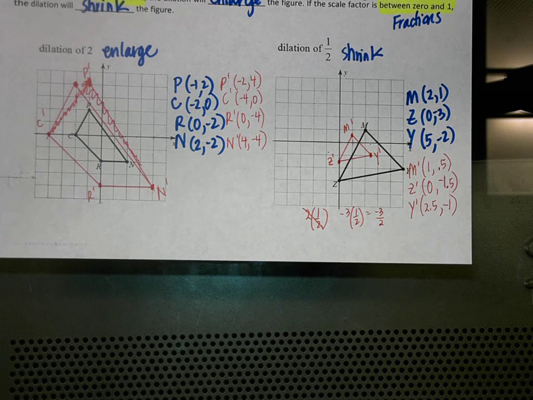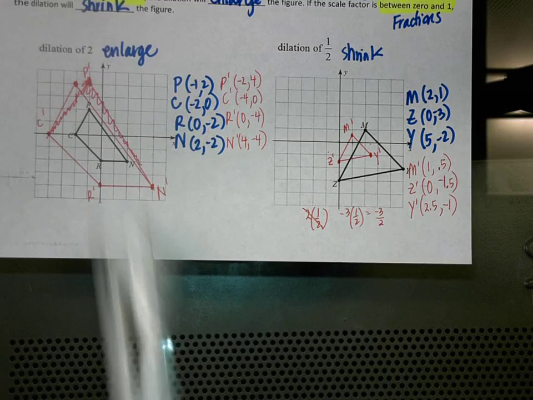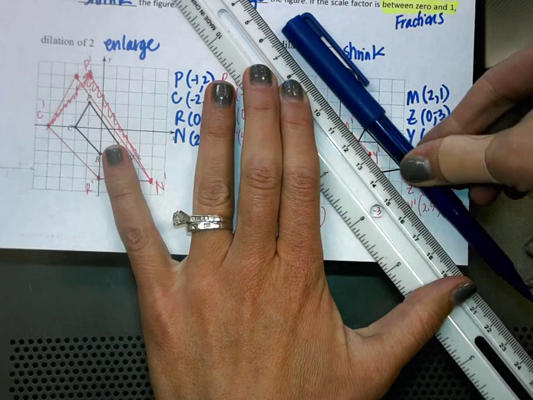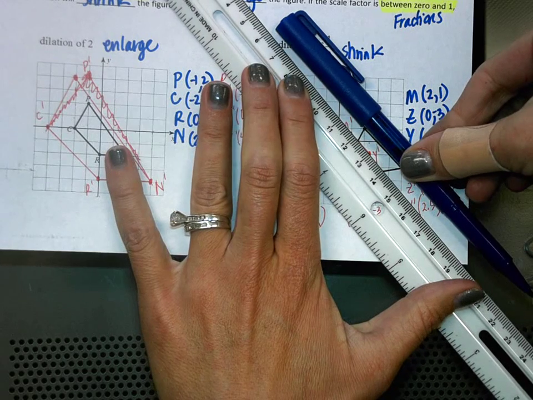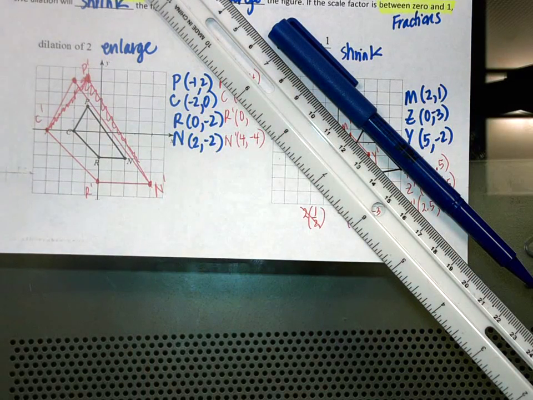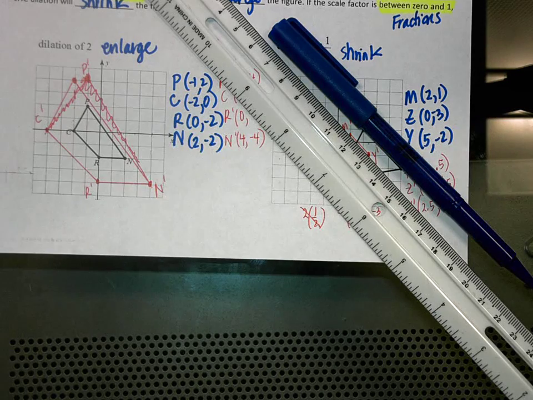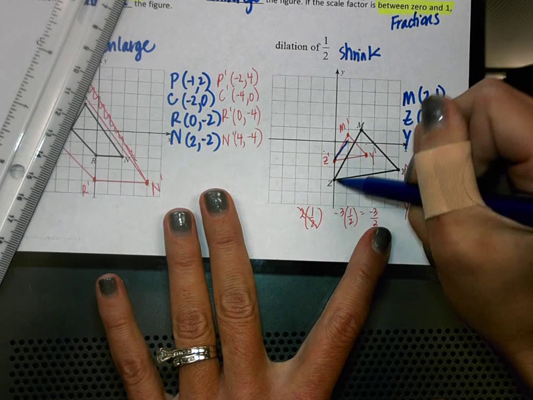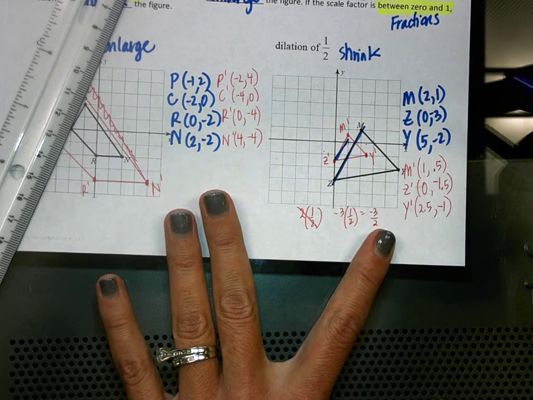I think you're not understanding my question, so I'm going to kind of show you. So this line and this line, what do we notice about those two lines? The prime line from my original line. They're parallel, okay? So all of these lines end up being parallel to each other.